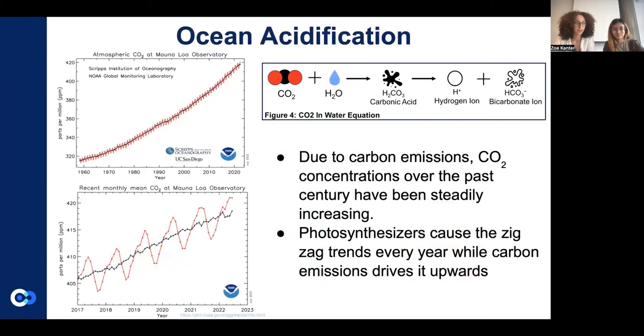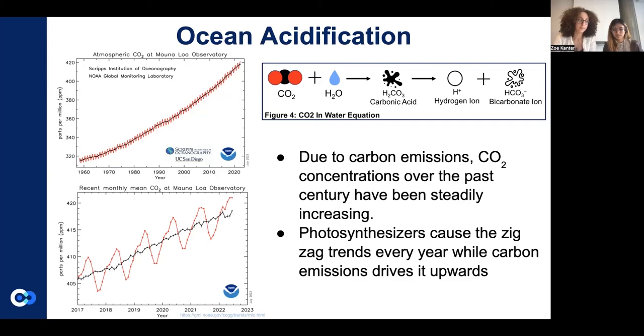As the CO2 levels of the atmosphere increase, so do the CO2 levels in the ocean. We can see in this first graph how, from 1960 to now, the CO2 levels have been steadily increasing. And we can see in the second graph that this fluctuates within each year.